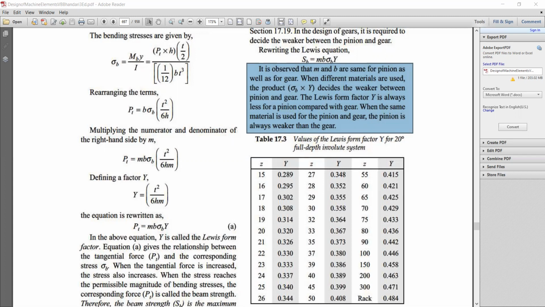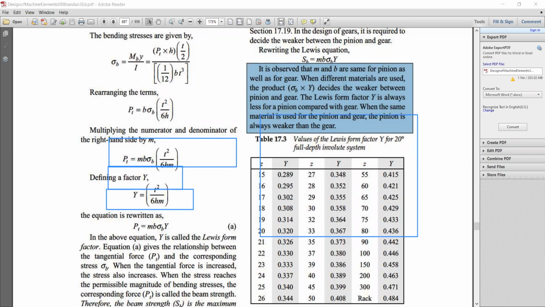Because of the Lewis equation, you can find out the static load. Which equation is for the static load? You can refer to this equation, page number 8.50: F is equal to sigma b dash y p e. You can find out all the values. Then you can find out the tensile load and the dynamic load. This is the Lewis form factor equation. We can refer to it and find out the value of small y, or you can choose from the standard table which I previously showed to you.